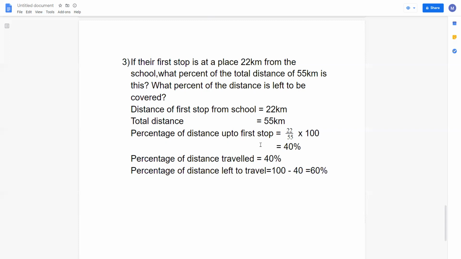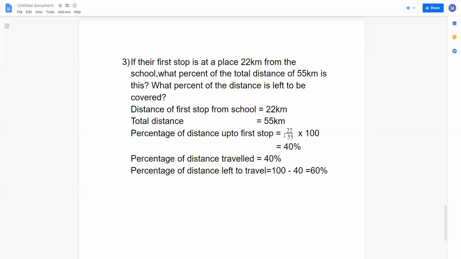Now we have to calculate the percentage of distance up to the first stop. For calculating percentage, we should find the fraction or ratio. How many kilometers distance traveled? 22 kilometers. Out of what is the total distance? 55.